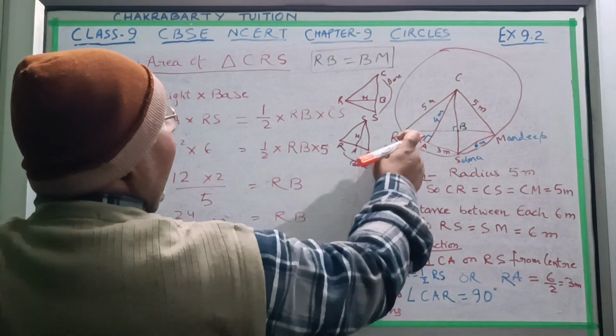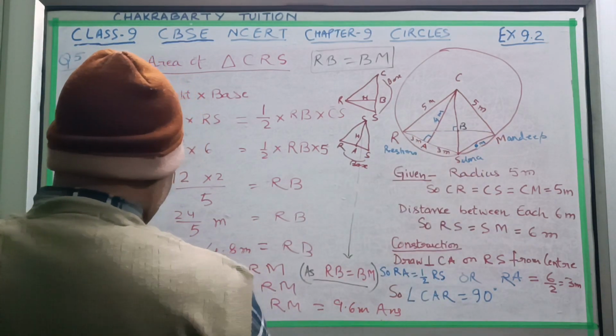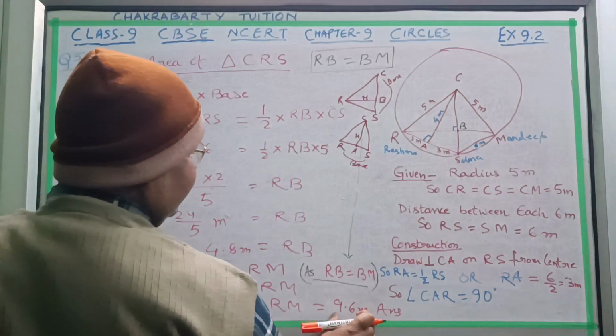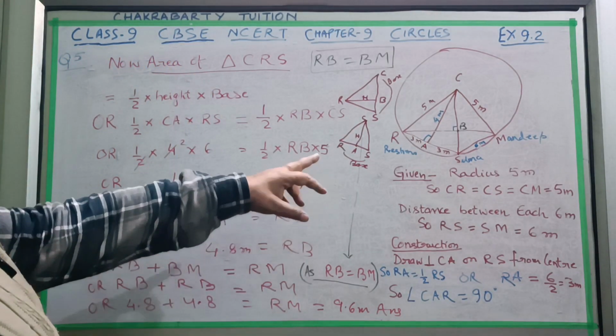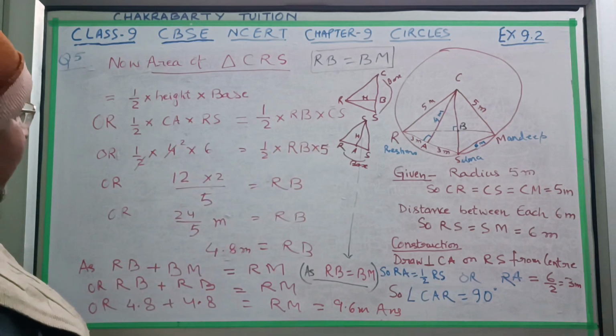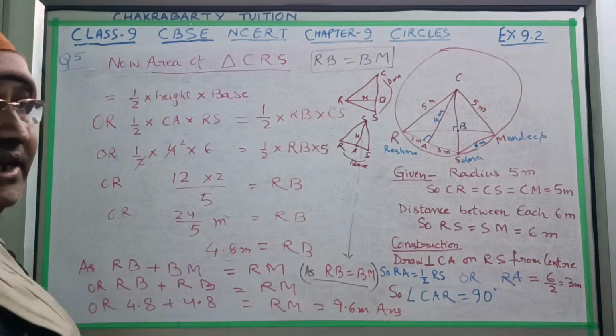And if you join both together, it comes to 9.6 meter, and it is your answer. So in this way we have found out the distance between Reshma and Mandeep, that is 9.6 meter. Now our question 5 is over.